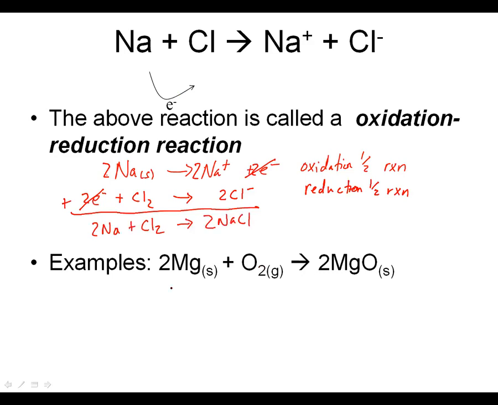Now, another example would be what we have down here. This is magnesium going to oxygen plus oxygen going to magnesium oxide. Same thing here. The magnesium by itself has no charge. Oxygen, naturally, the way it comes, has no charge. Only when they come together over here, the magnesium gets a +2 charge and the oxygen gets a -1 charge. And the same thing is happening here.